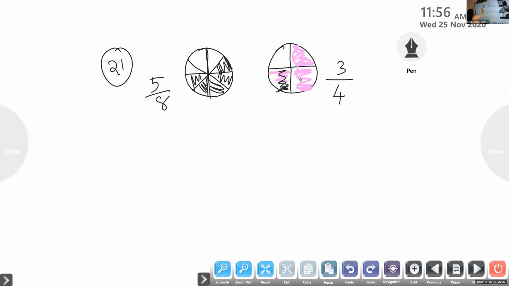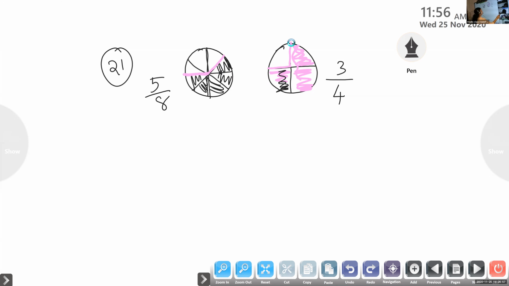Here we have this much portion not shaded. And here only this much portion not shaded.